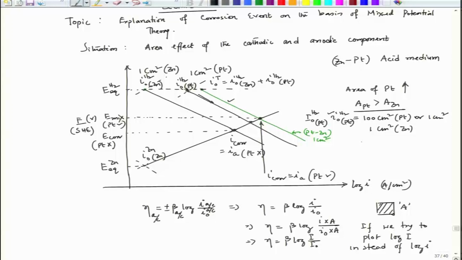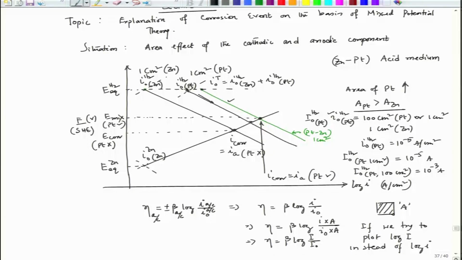let us say I0 hydrogen over platinum is 10 to the power minus 5 ampere per centimeter square. Then I0 hydrogen over platinum of 1 centimeter square would be 10 to the power minus 5 ampere, but for the platinum surface of 100 centimeter square, it will be 10 to the power minus 3 ampere.